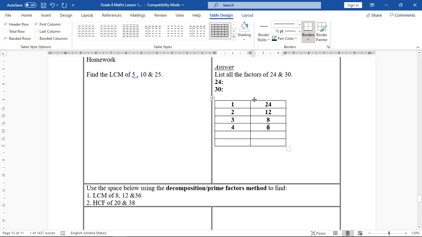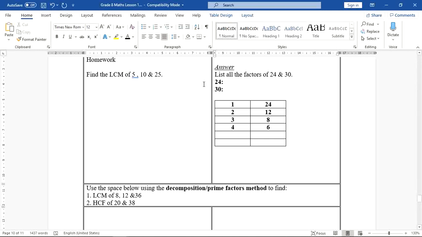All these numbers are factors of 24. So we say that the factors of 24 are 1, 2, 3, 4, 6, 8, 12, and 24 itself.